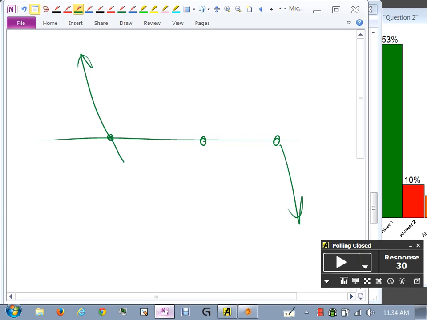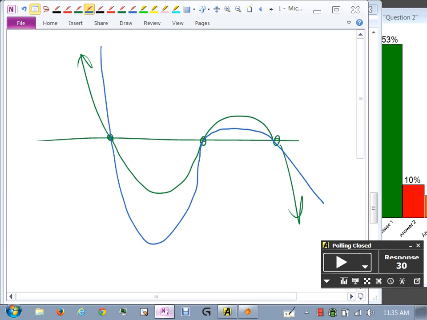Maybe it did this, but another student could have drawn it like this, or another student could have drawn it like that, and all those would be correct, yes? Same thing with this. A student may have picked that point a little above, a little below. We're all going to have similar characteristics in our graph.